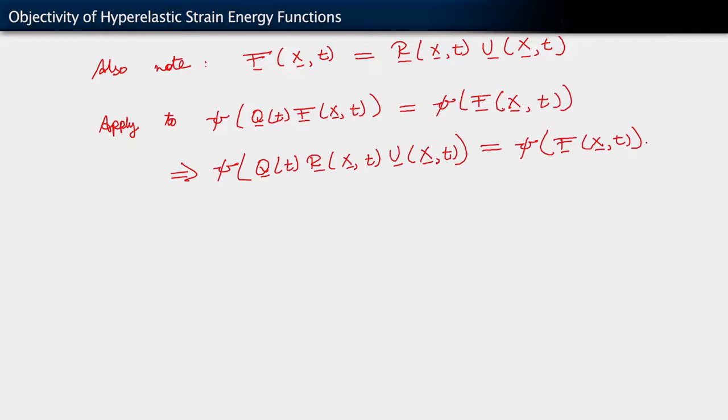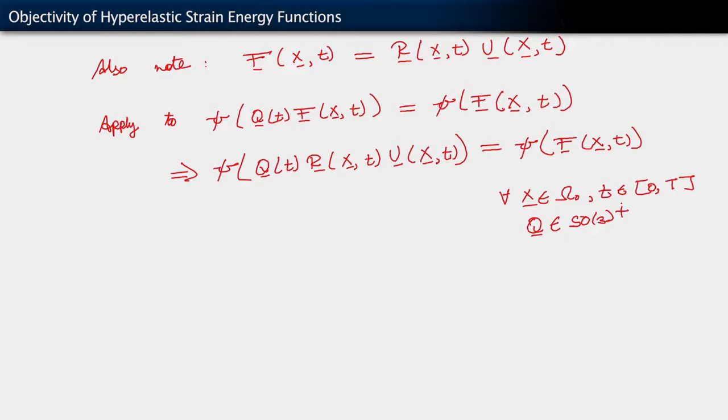Now remember, I'm beating this into you: for all x belonging to omega naught, time belonging to the interval of interest, and Q belonging to SO(3)+. Okay, we have this setting.